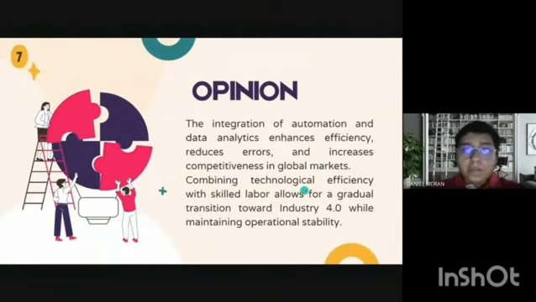From my perspective, the integration of automation and data analytics enhances efficiency, reduces errors, and increases competitiveness in global markets. More importantly, combining technological efficiency with skilled labor allows for a gradual transition toward Industry 4.0, while maintaining operational stability.